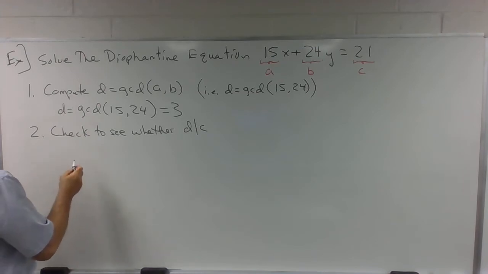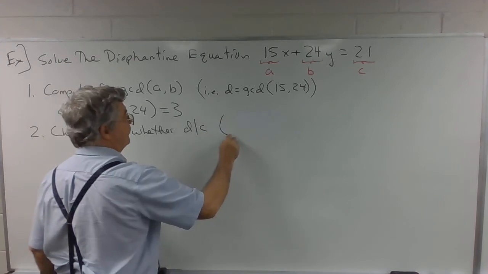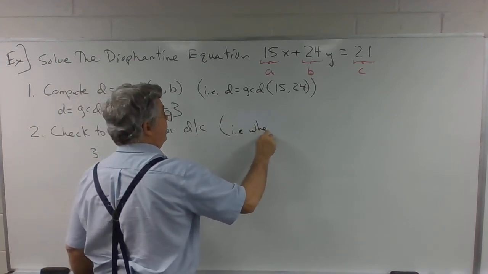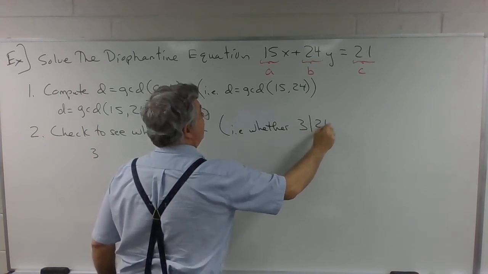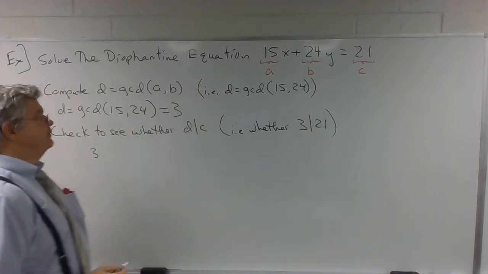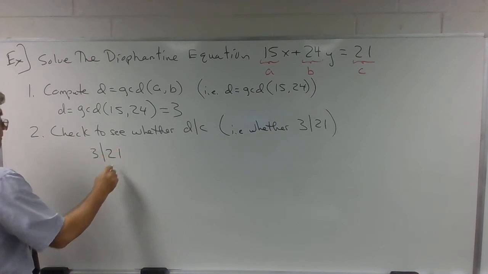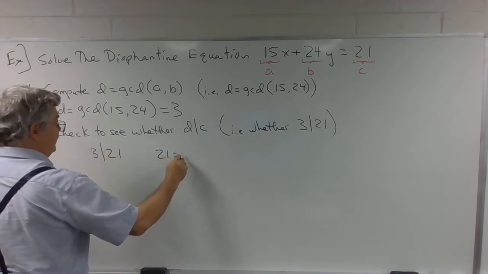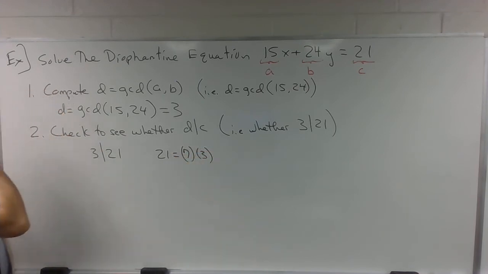Okay, let's see. d is 3. And c is 21. Well, 3 does divide 21. Okay. So this can be solved.